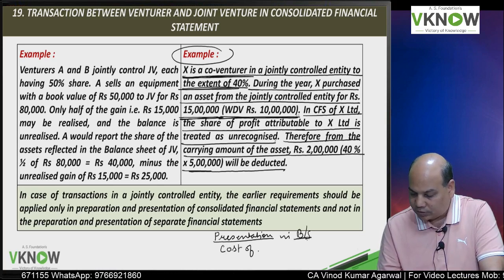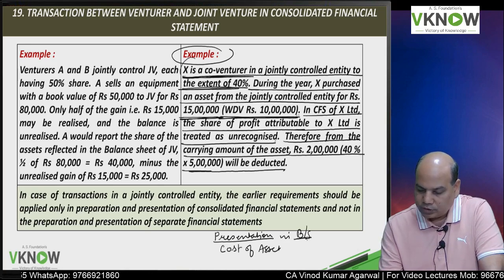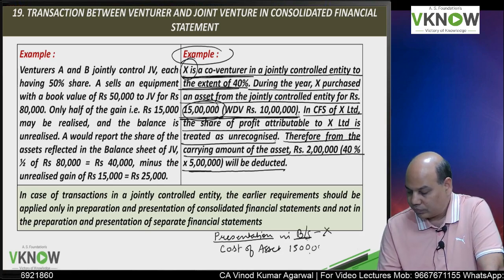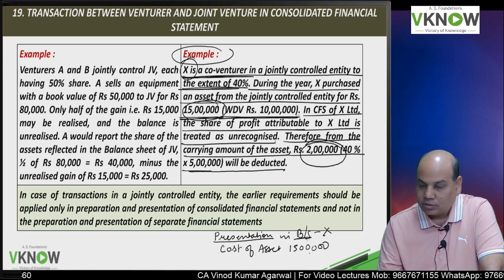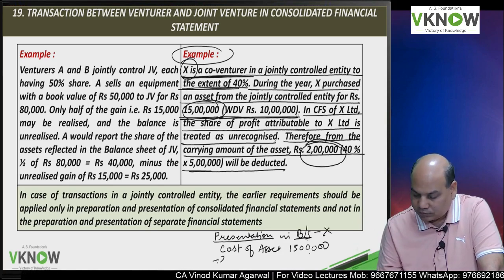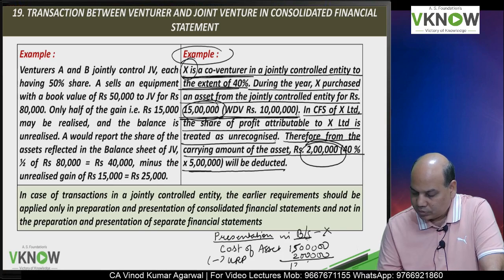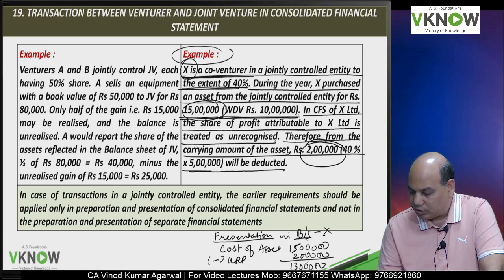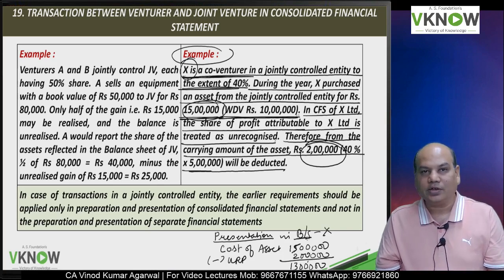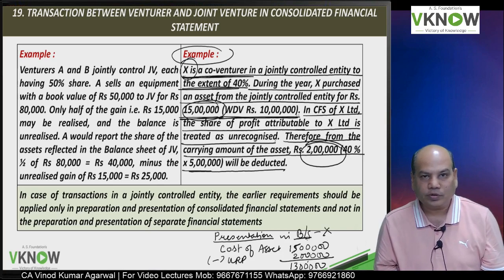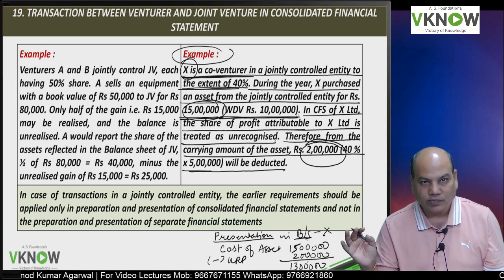Cost of the asset in the books of X, they have purchased it for 15 lakh, but it includes unrealized profit of 2 lakh, less unrealized profit 2 lakh, and therefore you are going to eliminate that 2 lakh, and now that asset will appear at rupees 13 lakh, because you are one of the venturers in that joint venture.